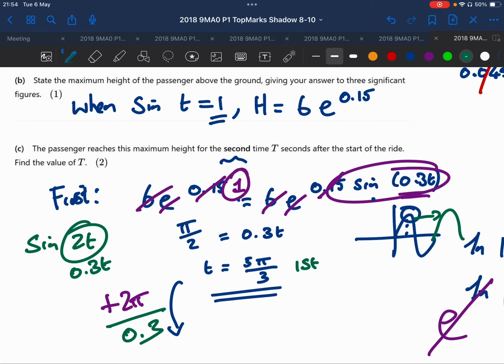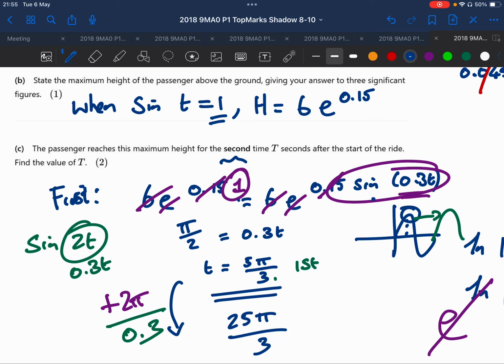So let's do that one, shall we? If I do 2 pi over 0.3 and I add on 5 pi over 3, apparently I get the answer, is that 25 pi over 3?